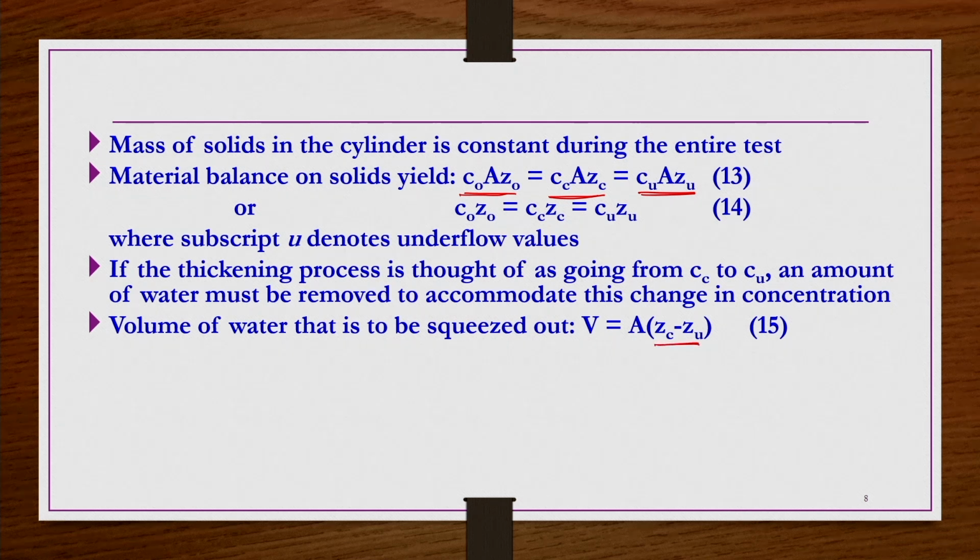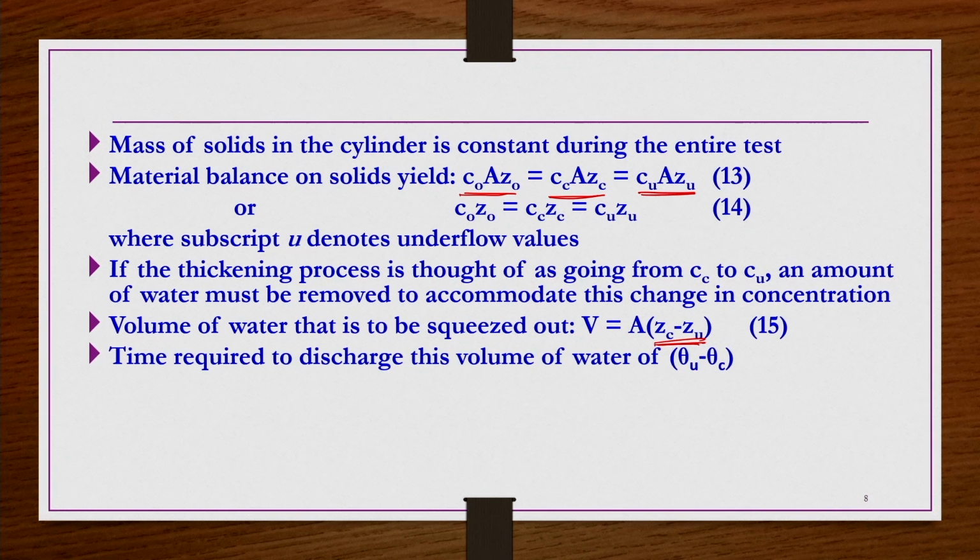We are assuming a rapid decrease in settling velocity takes place from theta c onwards. So for theta c to theta u, we take the difference in interface heights, Zc minus Zu, multiplied by the area, and you get the volume of water to be squeezed out.